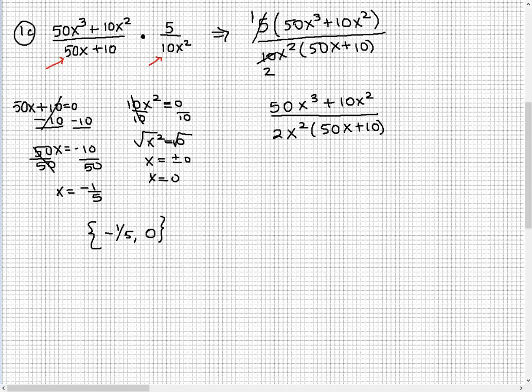All right, the numerator can factor. What can we factor? We can factor a 10 and an x squared, right? We have a 5x plus a 1. Right, that's what the numerator factors into.